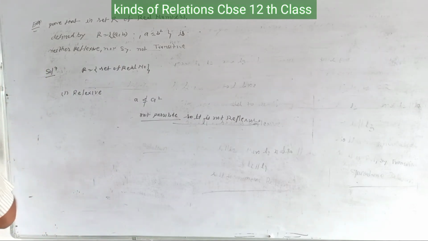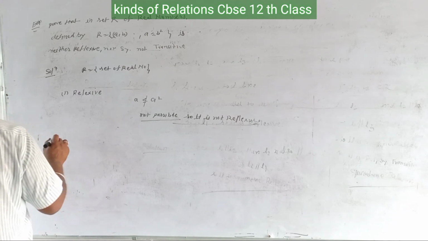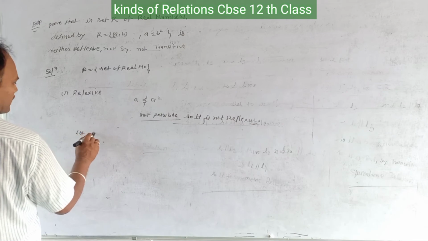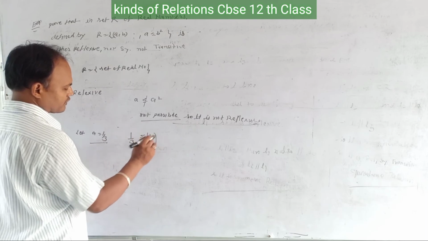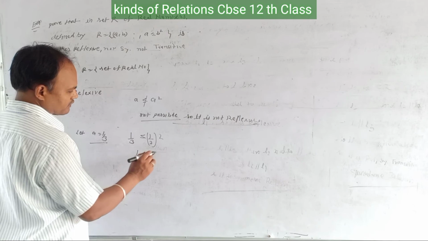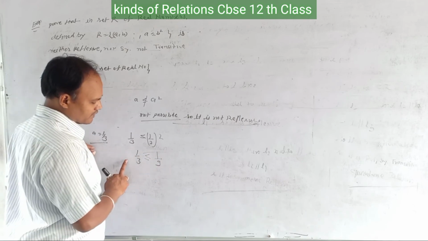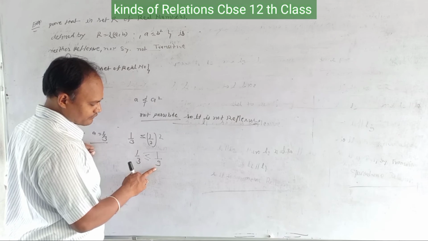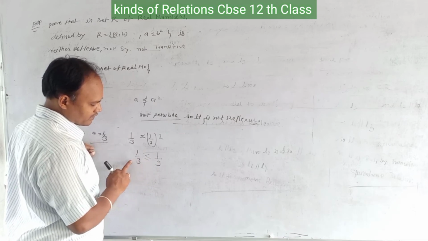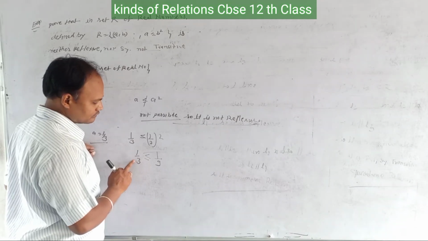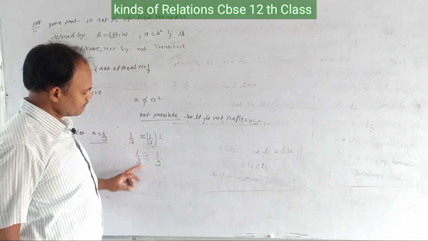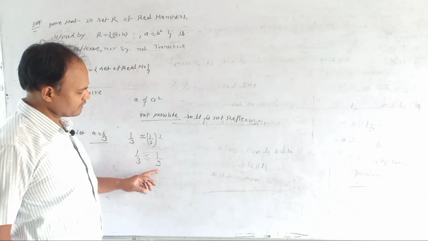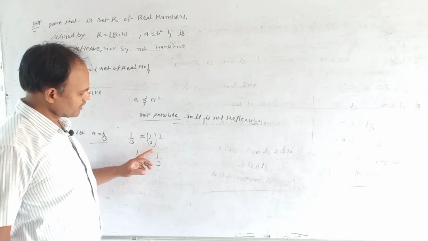So students, this is not reflexive, because if we take a = 1/3, we have to check 1/3 ≤ (1/3)². That is 1/3 and 1/9. 1/3 is greater than 1/9, one is the bigger part and the other is the smaller part.